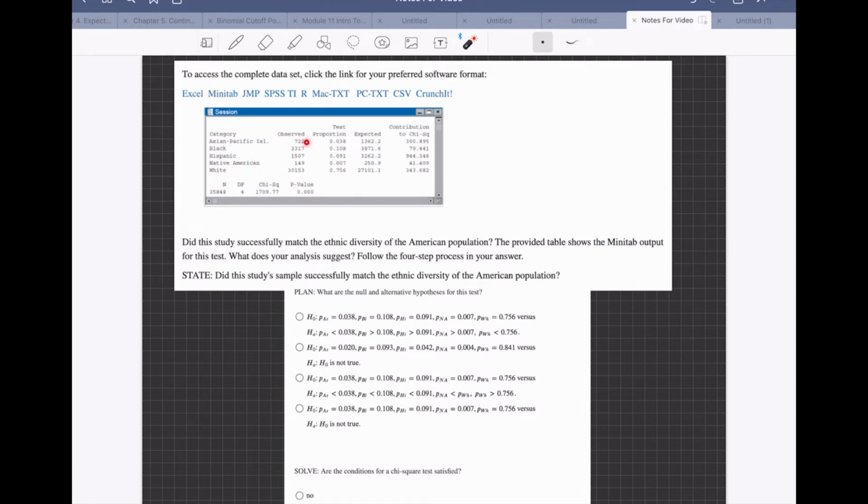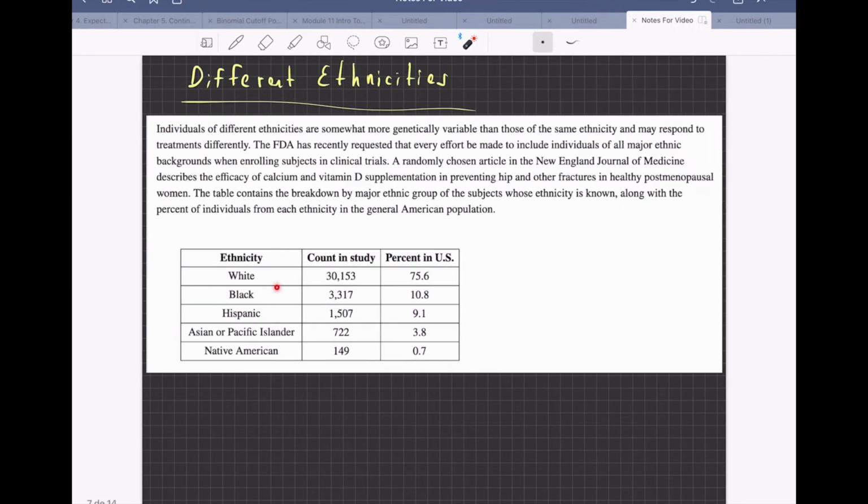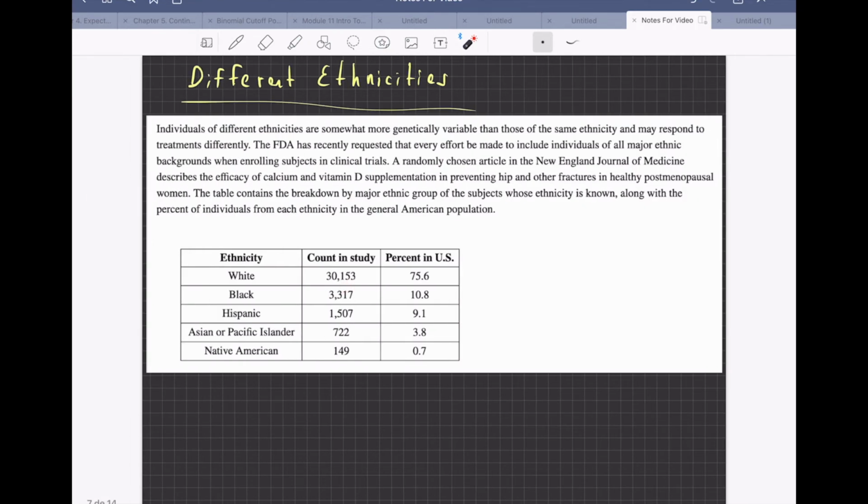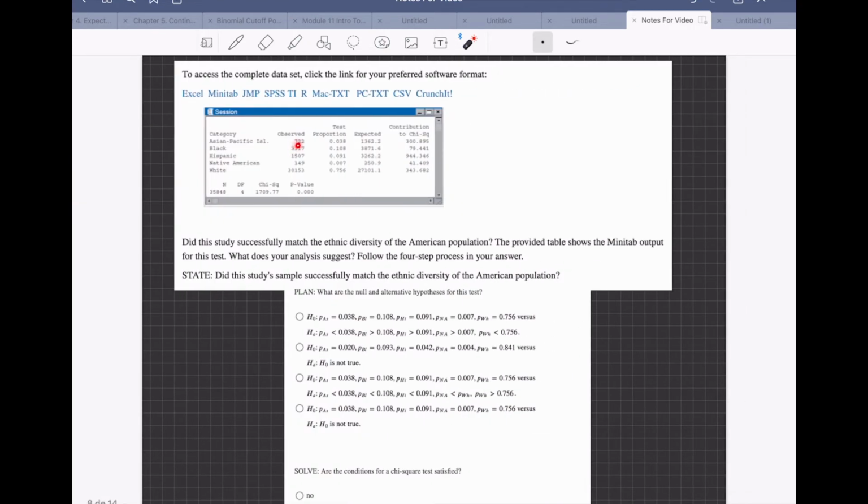If you see the observed for each category, be careful because they are ordered in a different way. Here we start with white, but white here is the last one, 30,153 is the observed, and the expected is 27,101. How did they compute this one?